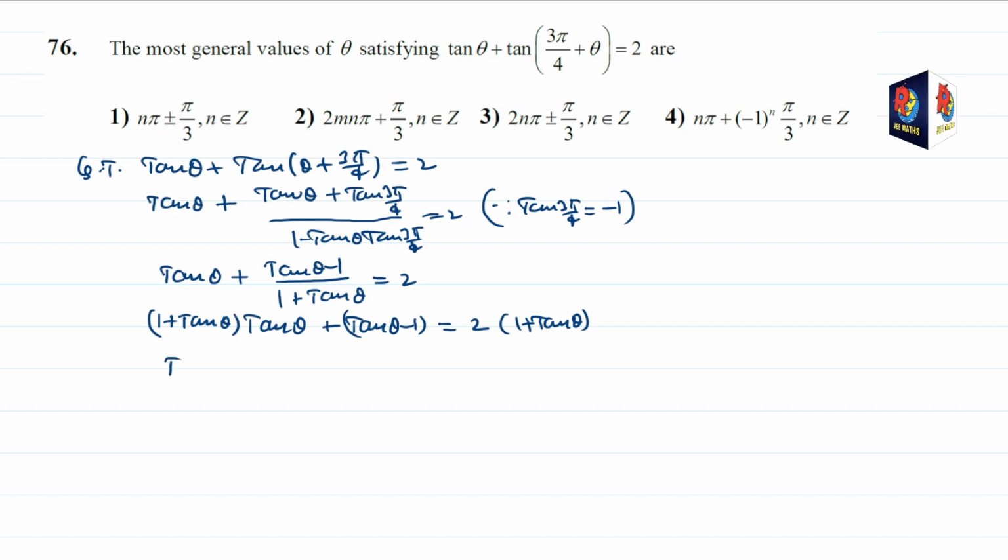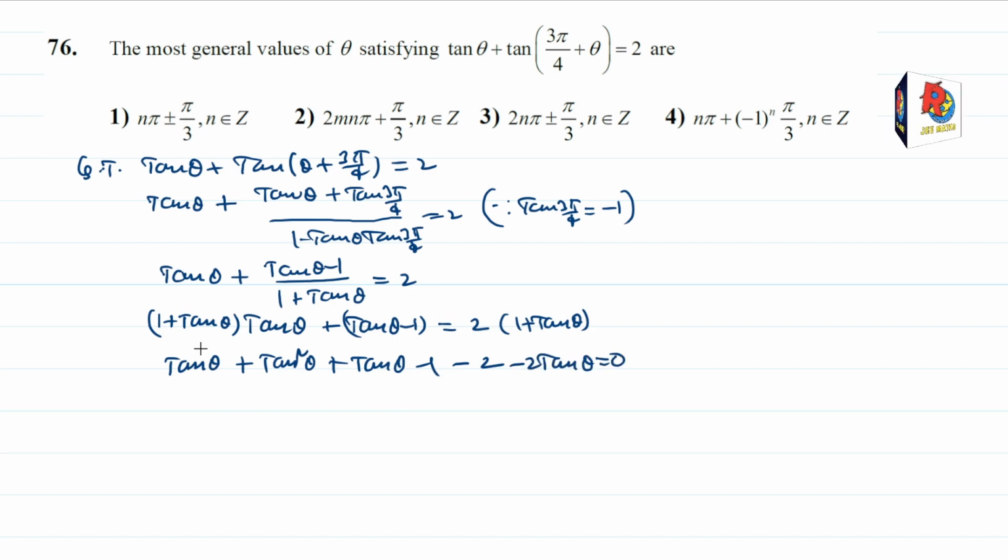So it will be tan theta multiplying (tan square theta plus tan theta minus 1) minus 2 tan theta equals 0. Here you can observe these values are cancelled. Therefore, tan square theta equals 3.